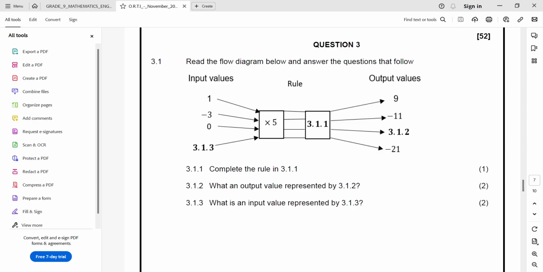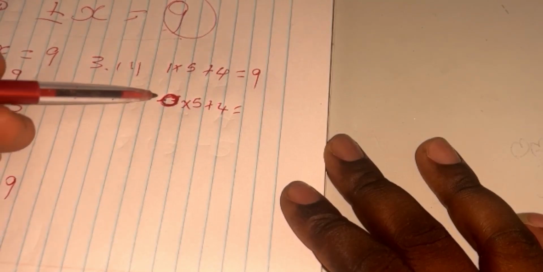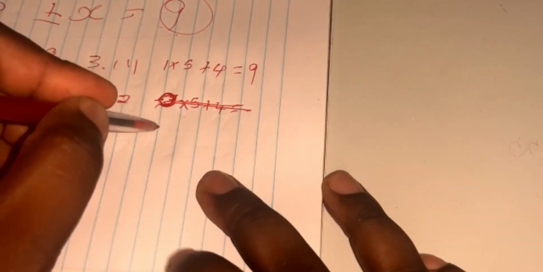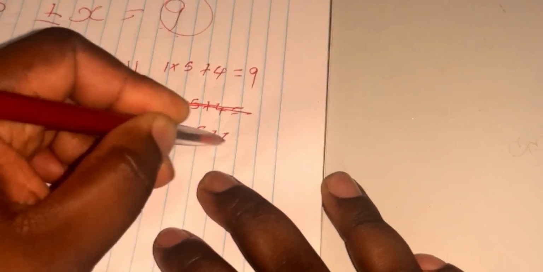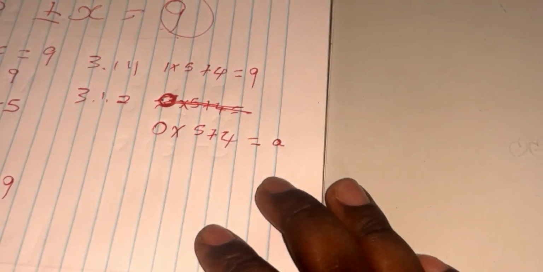It's 0 because of number 3, sorry. On number 3 on the input, we have 0, multiplied by 5, and then plus 4, that is 3.1.1, and then the output, which is 3.1.2. So we will have 0 multiplied by 5 plus 4 is equal to an unknown. I'll just say it's letter A.